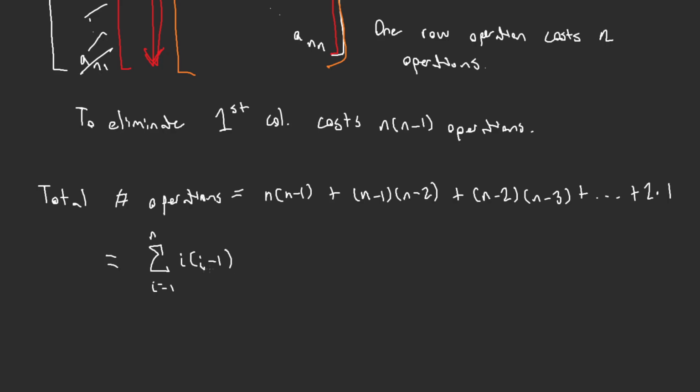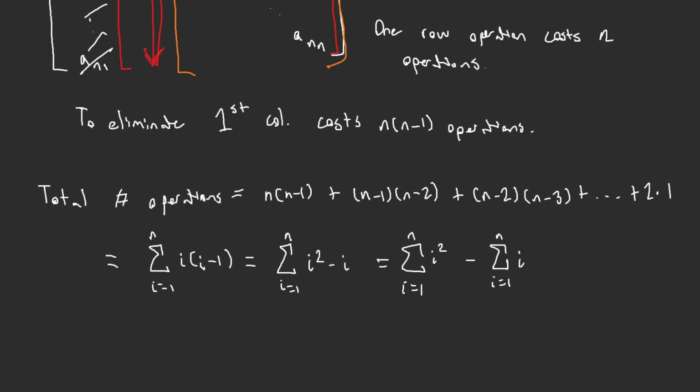And so this sum is exactly the same thing, but I want to work with the sum because we can rewrite this as the sum from i equals 1 to n of i squared minus i. And this is equal to the sum from i equals 1 to n of i squared minus the sum from i equals 1 to n of i.